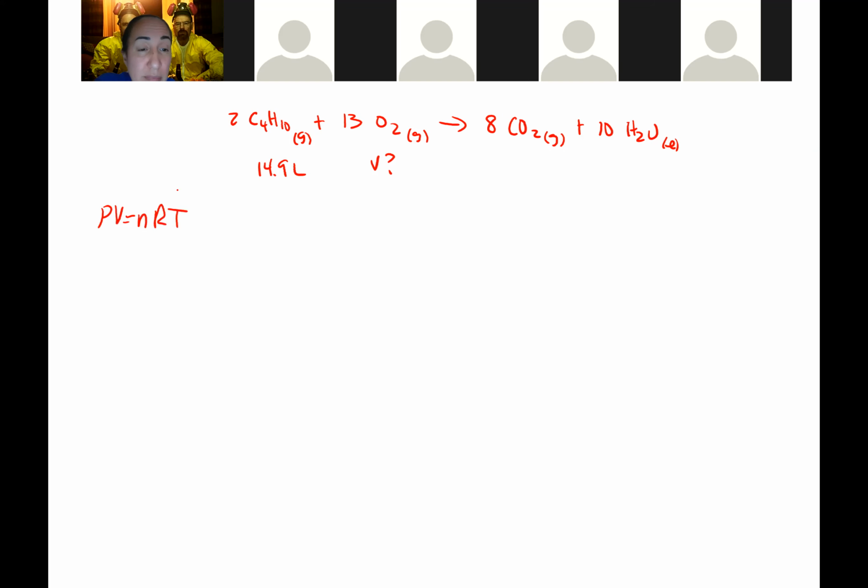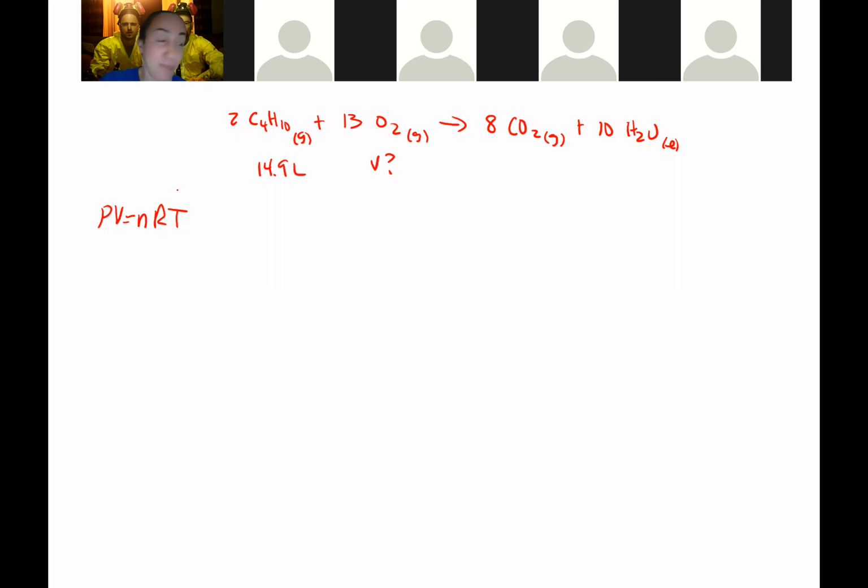Let's start with that. And is there anything that I can do from here? They told you to assume that pressure and temperature are constant. Although I'm not sure that it would be in real life, because this is a combustion, so it won't be.